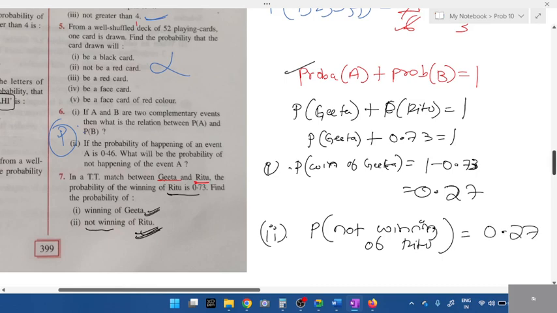If Ritu is not winning, obviously Geeta is winning. So the same answer, 0.27. Completed?